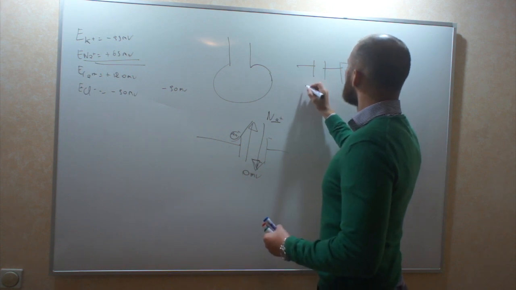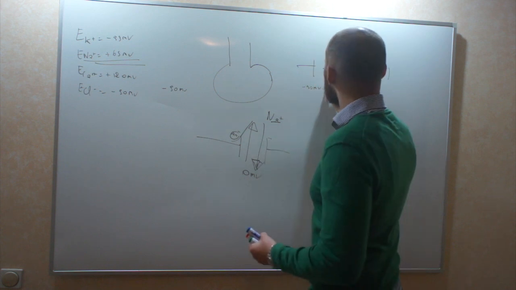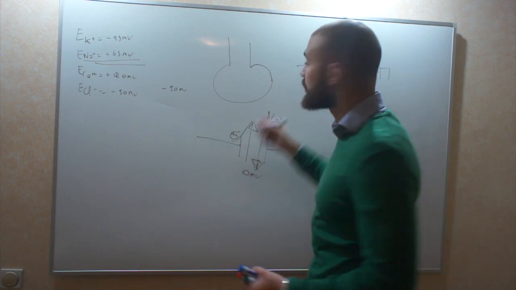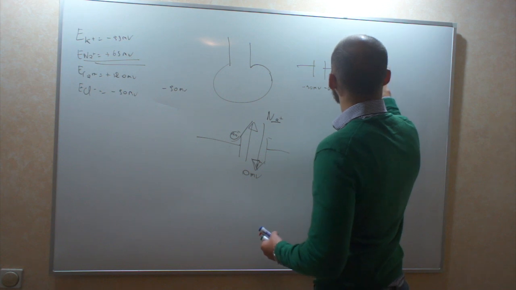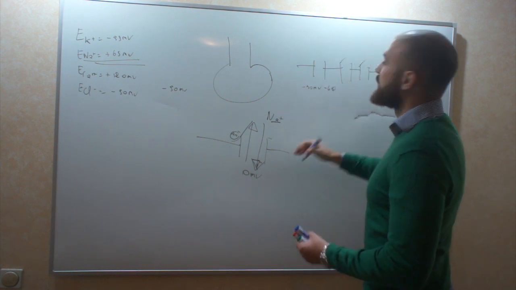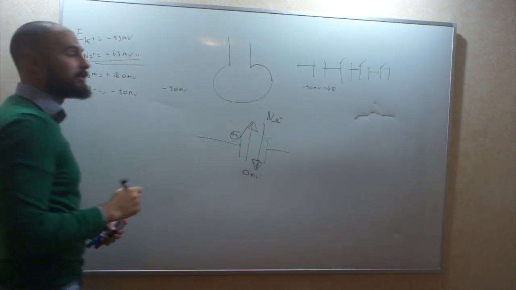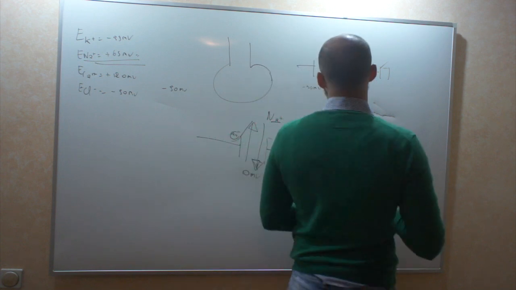And it reaches from minus 90 millivolts at the beginning, it reaches like minus 60. At minus 60, those channels of sodium open. And when they do, they drive it toward the equilibrium potential of plus 60. And that's how you have the action potential.